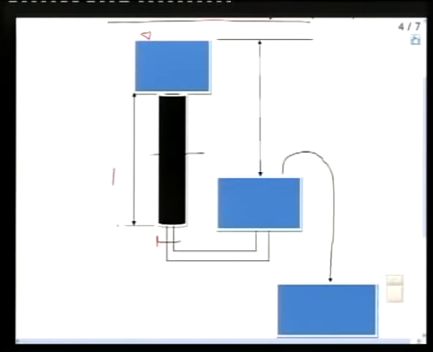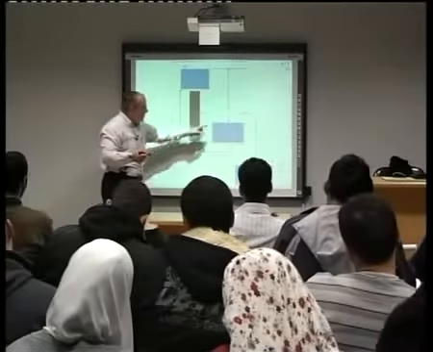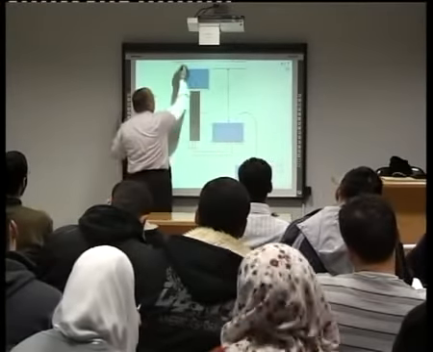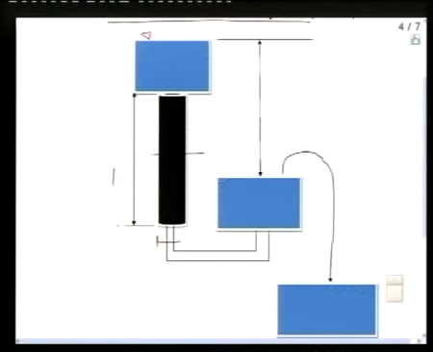When I begin the test, I'll close this, water is already there, and then immediately I will put water here. I will leave this open. I will put water here and let the water go through the soil sample until it is collected here. Now remember that this distance is fixed, right?